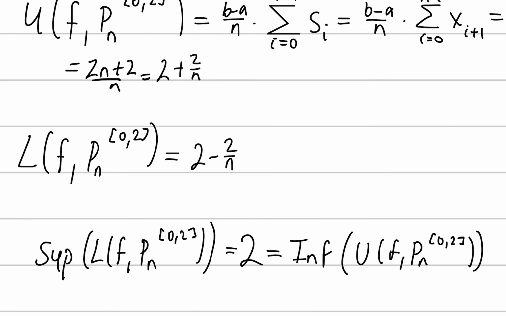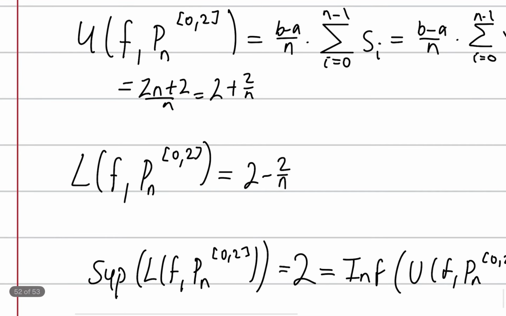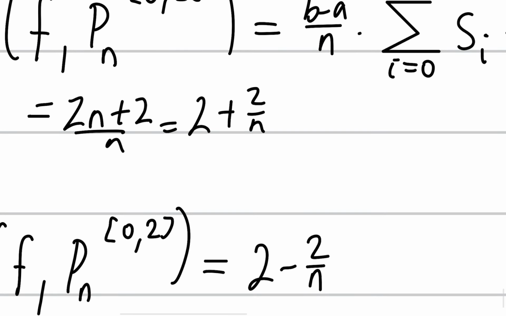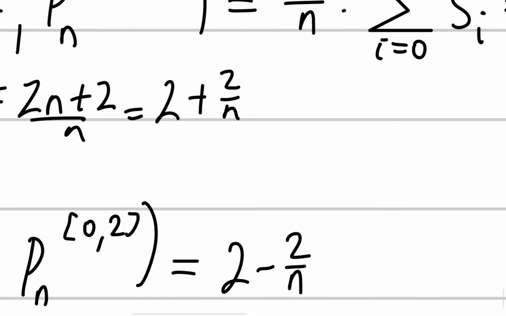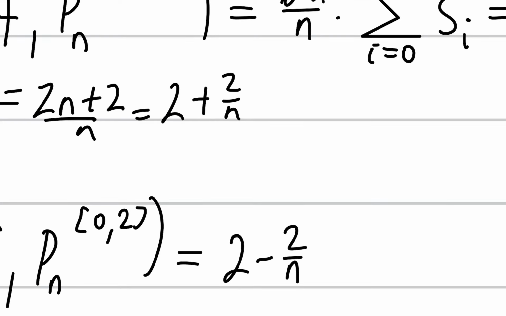It makes sense if you think about it a bit. For the upper sum, 2 is definitely a lower bound, because all these values are just adding positive numbers to 2, so all of them are greater than 2. And 2 is the greatest lower bound, because for any larger candidate, you can get below it by choosing sufficiently large n.